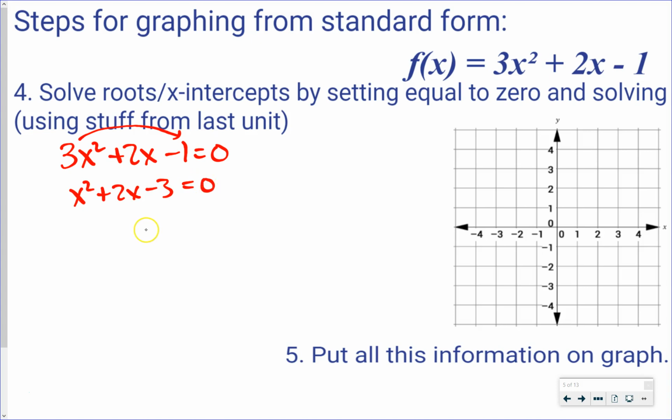What's my next step in slip and slide? They have to multiply to give you 3 and add to give me 2. x plus 3, x minus 1.